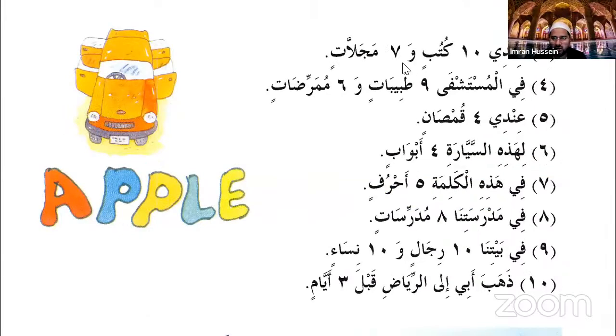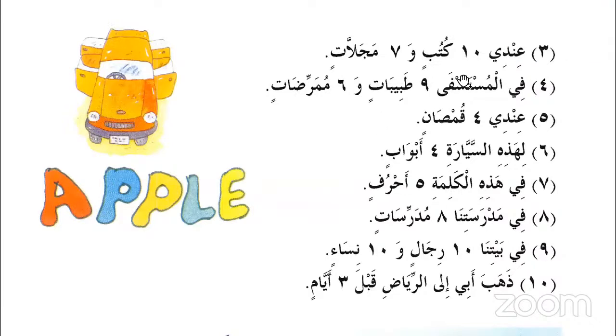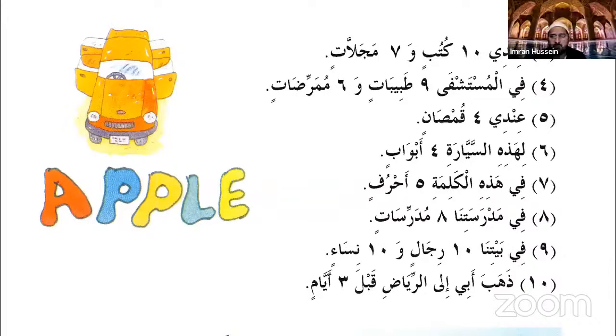Sister Razia, 3 and 4. I'm trying because I still don't have the grip. So the numbers, kutub is masculine, so the numbers will be feminine.